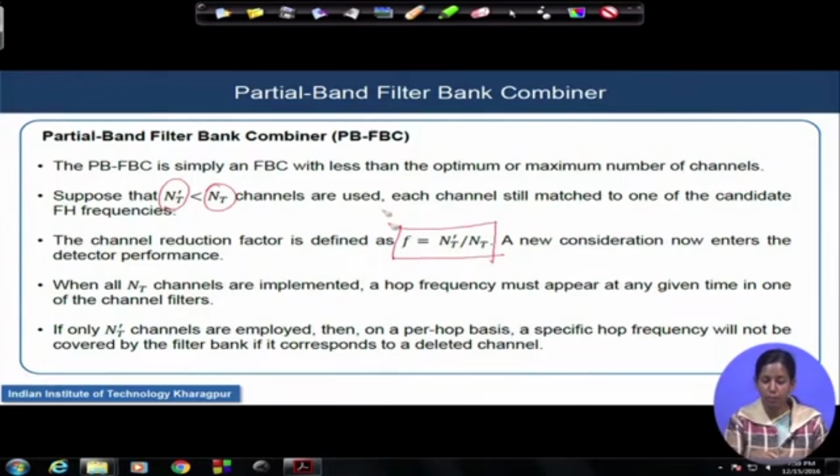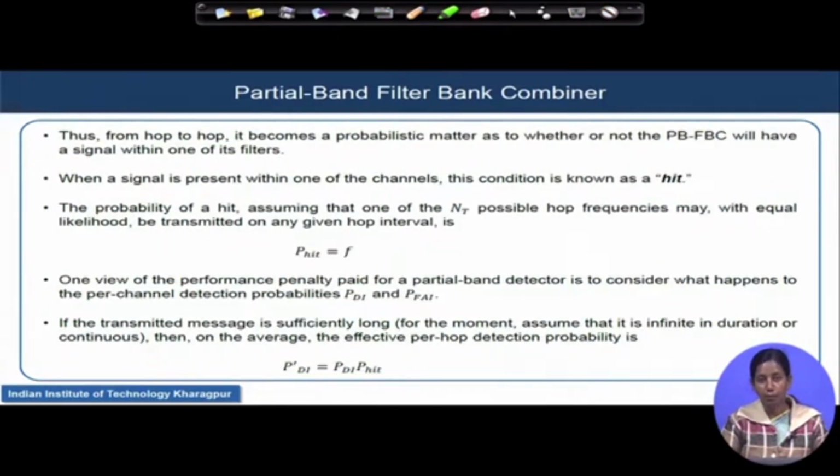But in the case of PB-FBC, when the NT dash channels are employed, on a per hop basis there may be a probability that you capture the particular hop signal or you may not, depending on whether this channel is designed for that hop or not. So some of the hop channels you are going to miss, and part of them you are going to get. So there is always a probabilistic matter added to this PB-FBC.